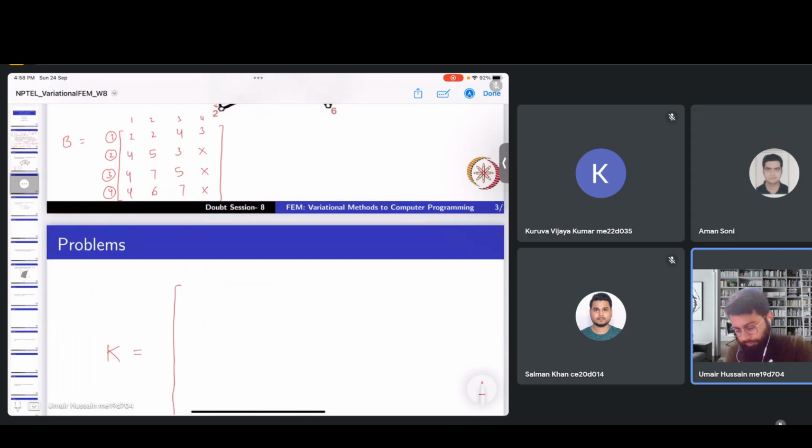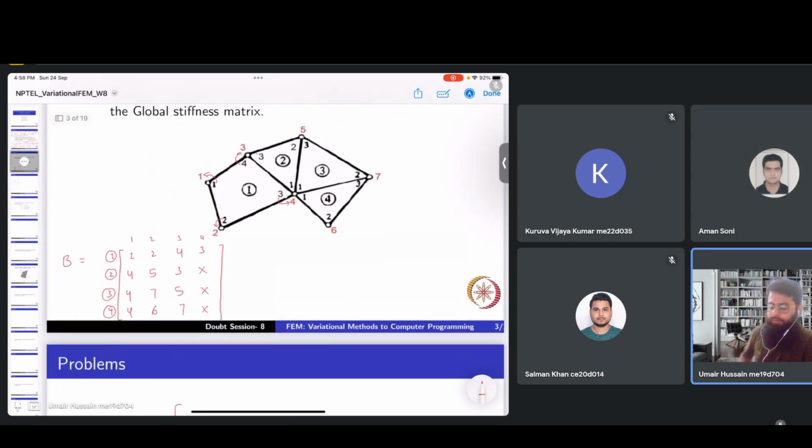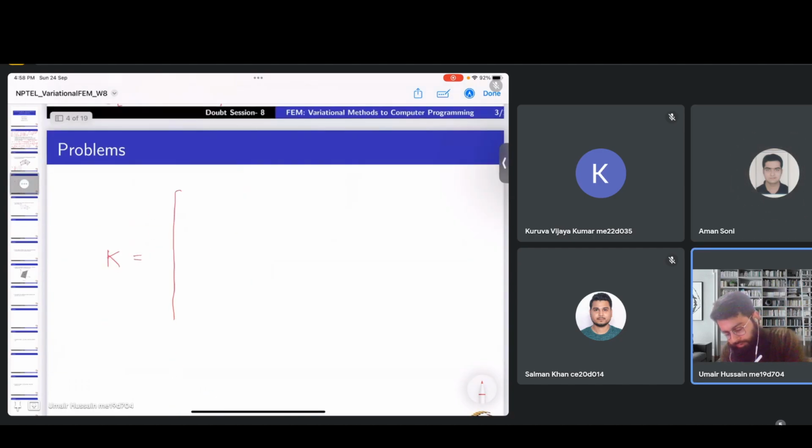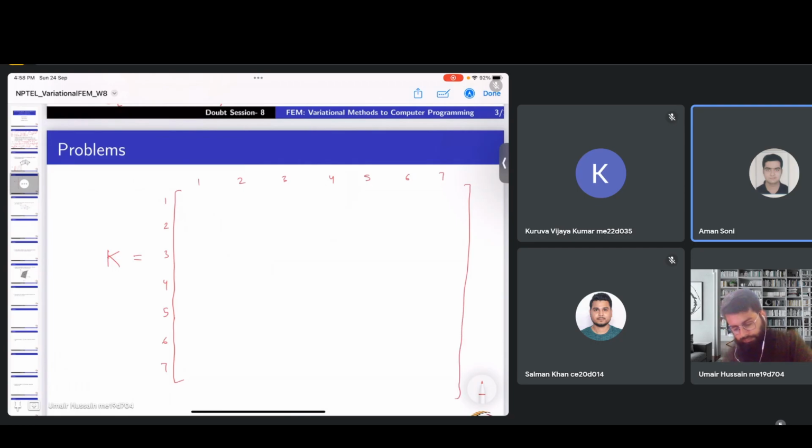So how many total rows and columns should there be for the global stiffness matrix? If we consider a single degree of freedom at each node, then it should be 7 cross 7, right?